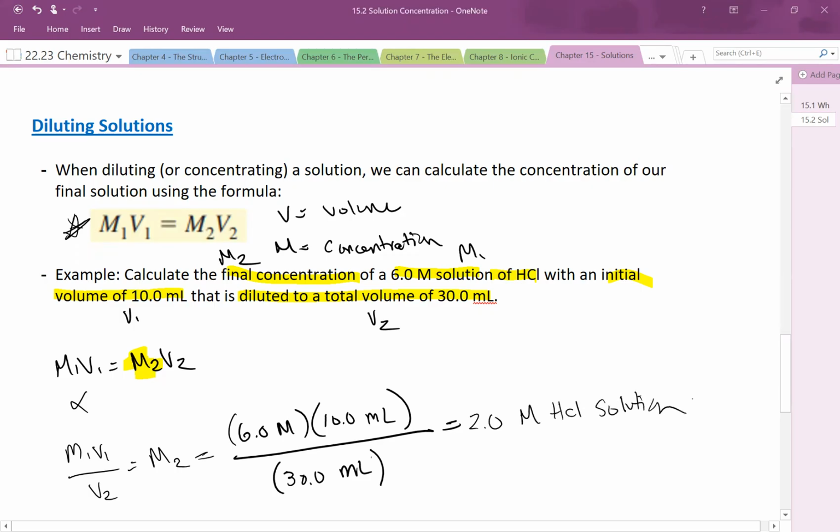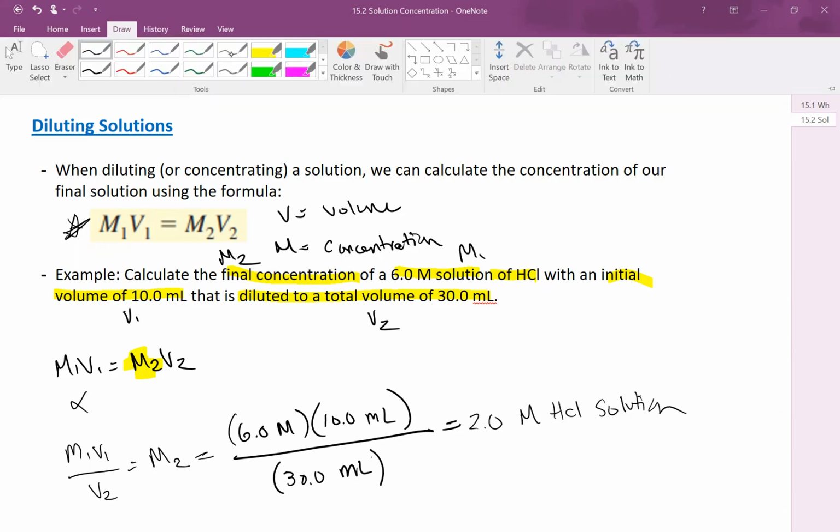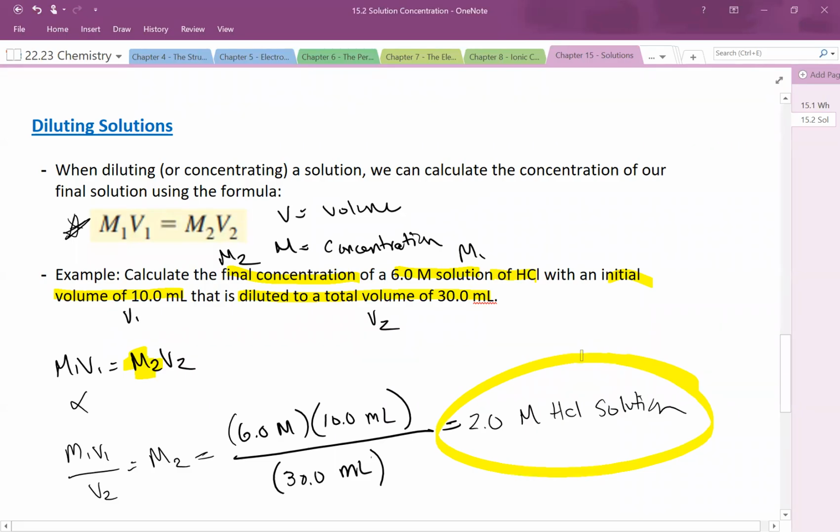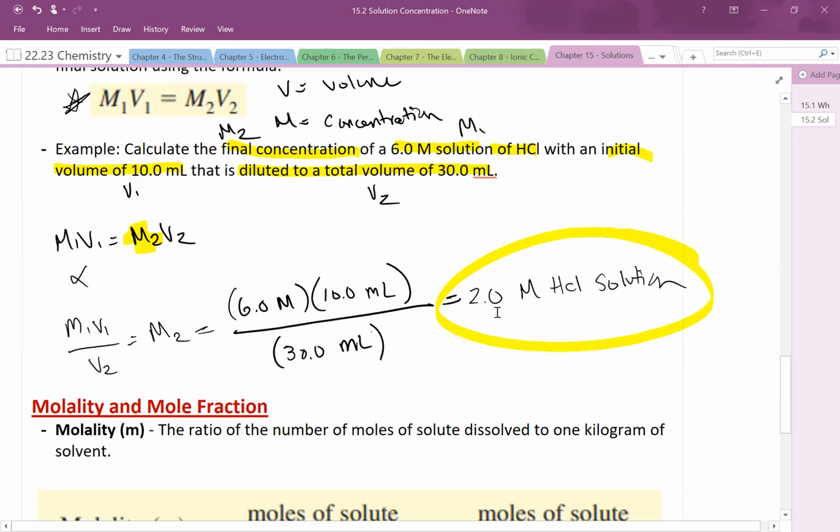And I stop and think to myself, does that make sense? Is that a reasonable answer? If I started with 10 and added 20 more milliliters to get to a total volume of 30, that means I've increased the volume of my solution, so I should have decreased the concentration. And we see that that is in fact what happened: it went from 6 to 2 molar.